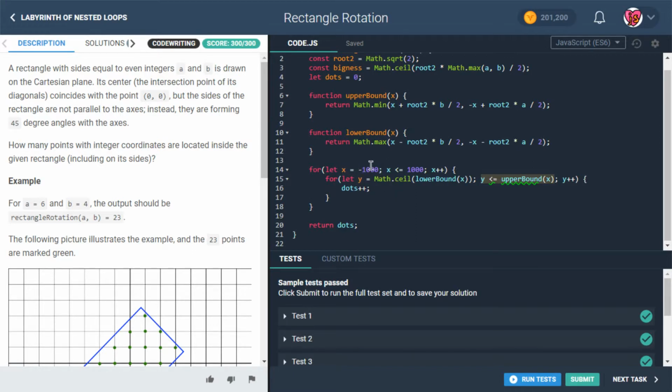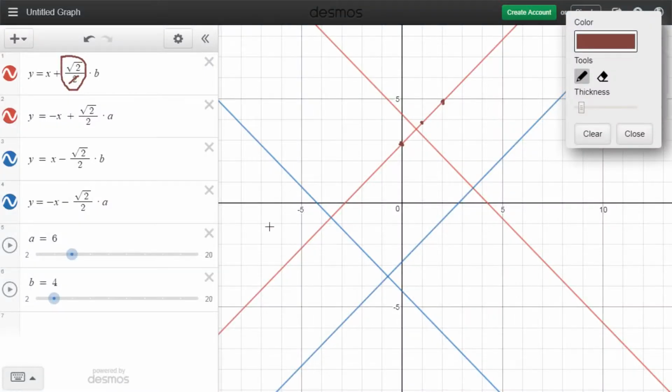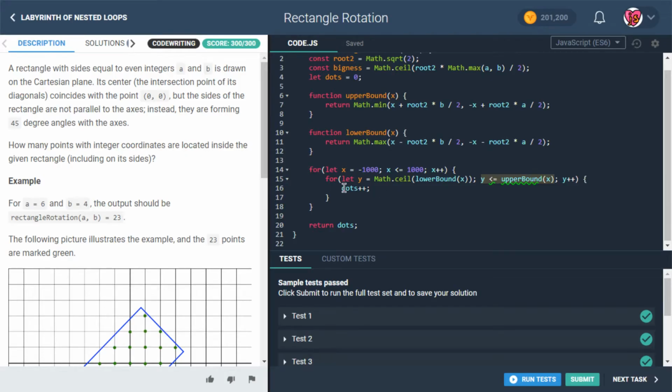When we're getting into these -1,000 situations, we're saying, in that case, on this side of it, the lower bound is actually above the upper bound. So there's no possible way. If we're starting with this value here, it couldn't be less than this value here. So it's not even going to make it to the first iteration of the loop. Okay, so we don't need to really check this. We don't need to change these. We don't need to refine the boundaries on the outer loop because it's going to know that there are no points in there.